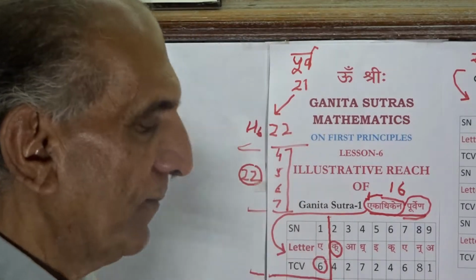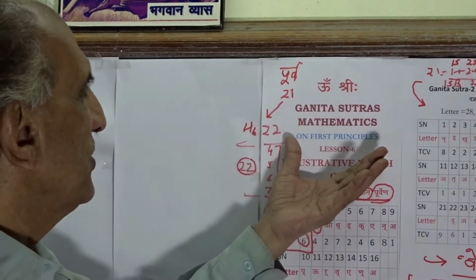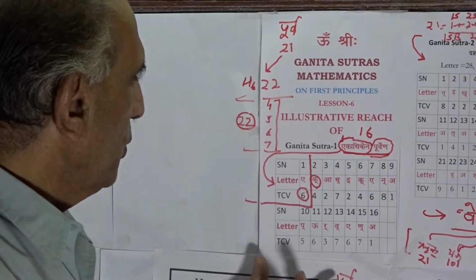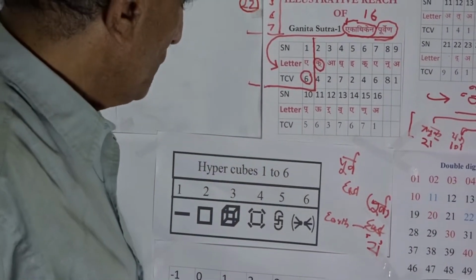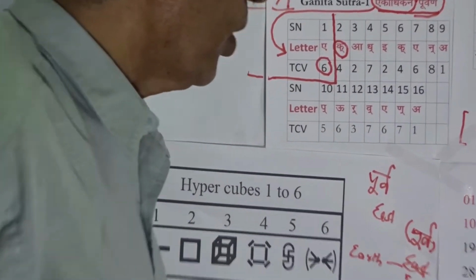Therefore, today we are having the illustrative reach of Ganita Sutra 1 to the hypercubes 1 to 6 format, which we designate as Sthapatya miring rod.